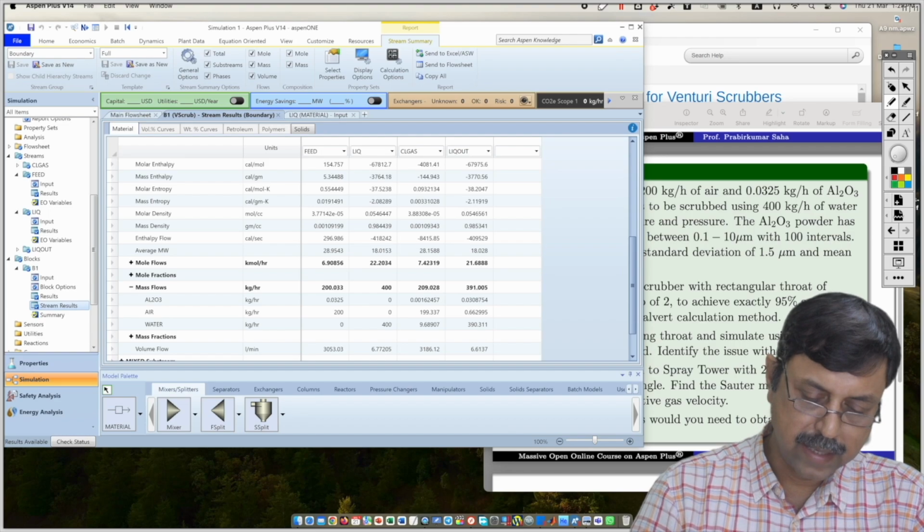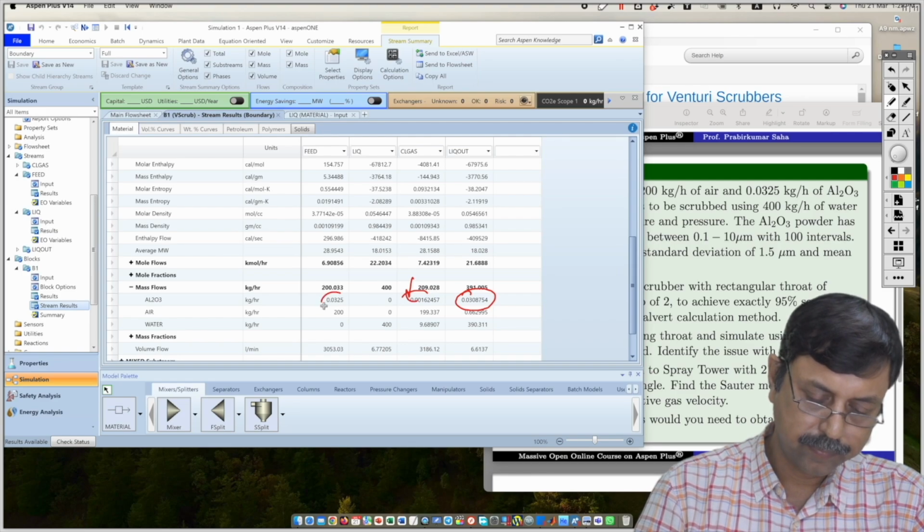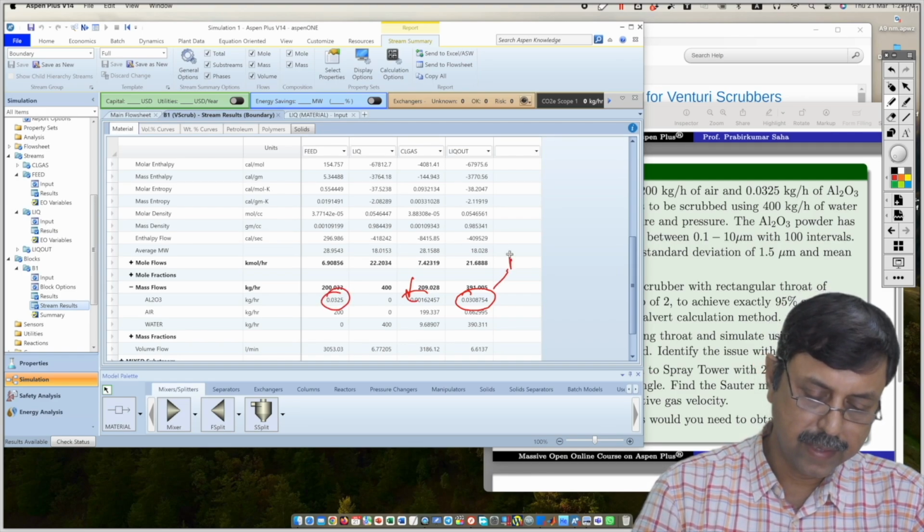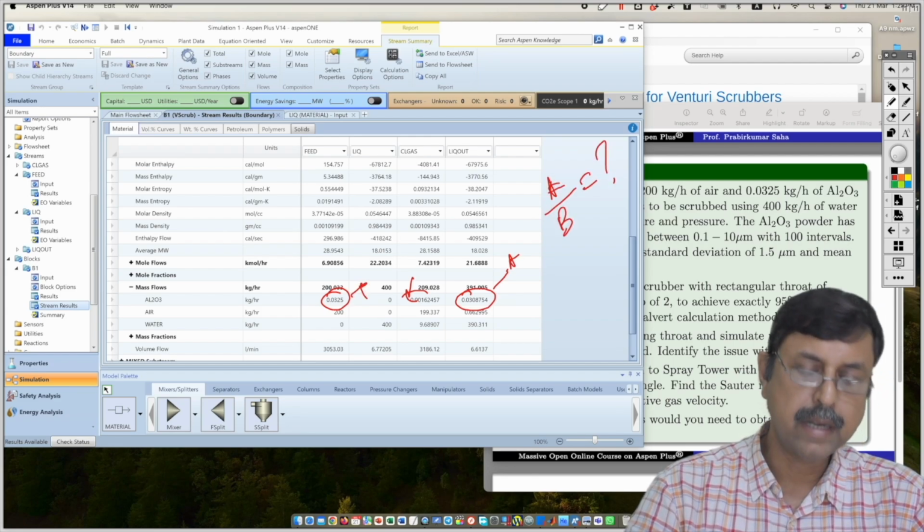So if this is A, this is B, what is the ratio A by B?